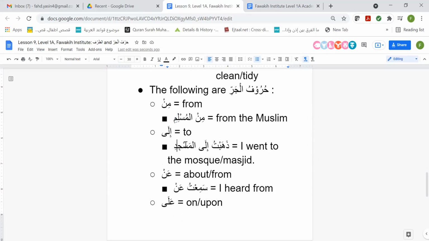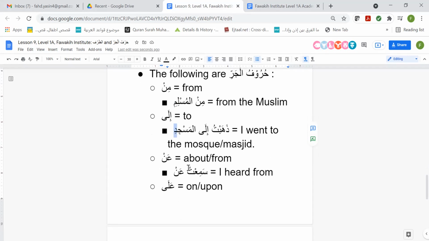Dhahabtu ila al-masjidi. I'm saying masjidi, not masjidu, not masjida, masjidi. Sami'tu an, let's just say, an al-ustadi. You guys know what ustad means, I hope. Ustadi means teacher. I heard from the teacher. Of course they wouldn't necessarily say this in the context of hadith, but this is still a sentence.